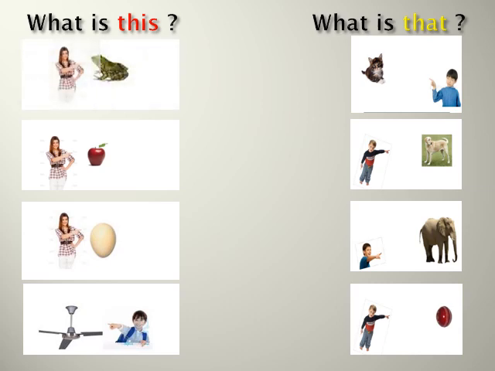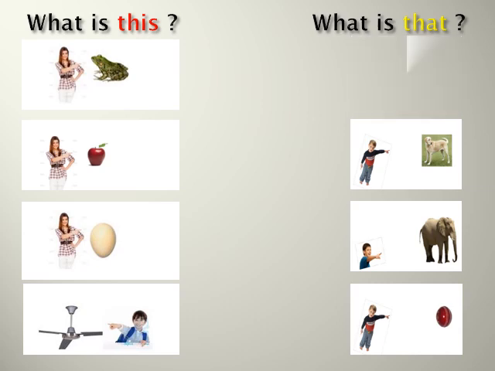Well, look at the hand of the girl and the boy in the pictures on the left. They point out the object which is very close to them. You can see there is a small distance between their hands and the object. They show an object which is very close to them.